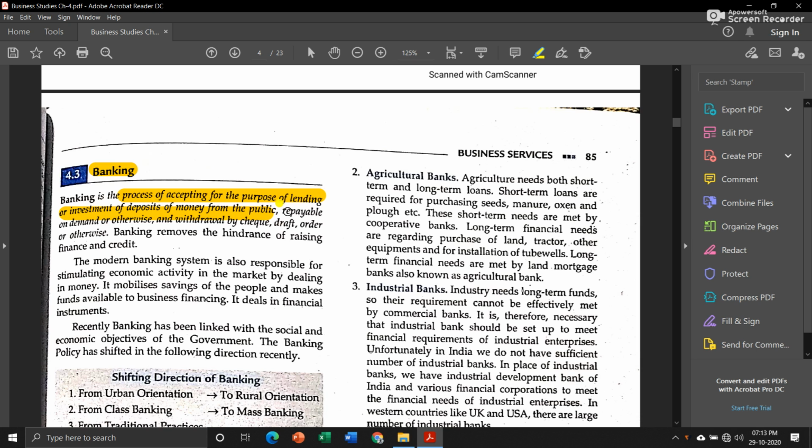The amount of money that they take as deposit is repayable on demand or otherwise. When the public who has deposited money in a bank makes a demand, then the bank has to repay it. Another way of taking money back is by withdrawal through a check, draft, order, or otherwise.